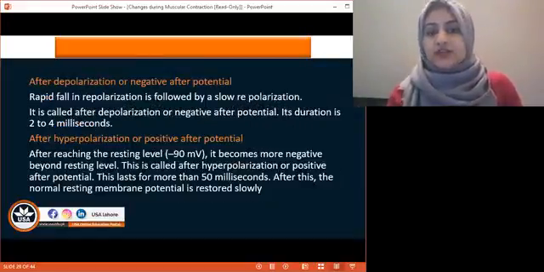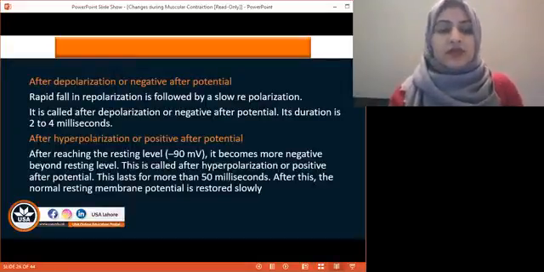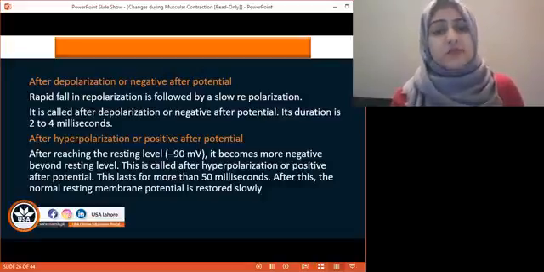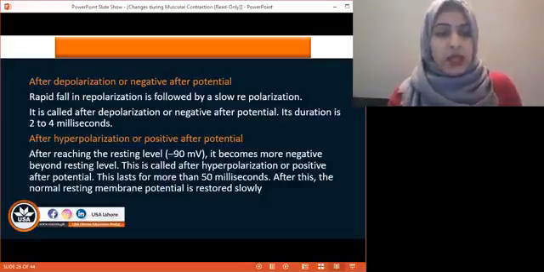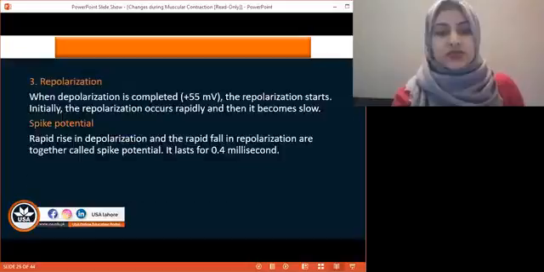After hyperpolarization or positive after potential. So when the muscle again reaches the resting level of minus 90 millivolts, it becomes more negative beyond the resting level. And this is called hyperpolarization or positive after potential. This lasts for almost more than 50 milliseconds. After this, the normal resting potential state is restored slowly.